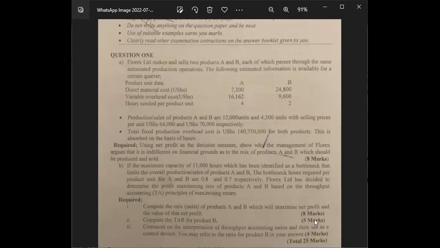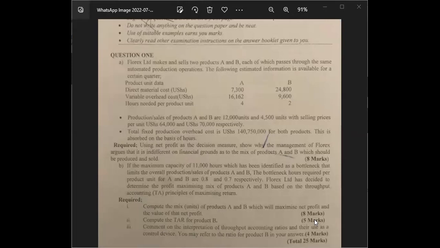Then for B, it was 9,600. These are variable costs, just to emphasize. So variable costs depend on units here. So you bring here your units. For A, it is 12,000. For B, it is 2,000.